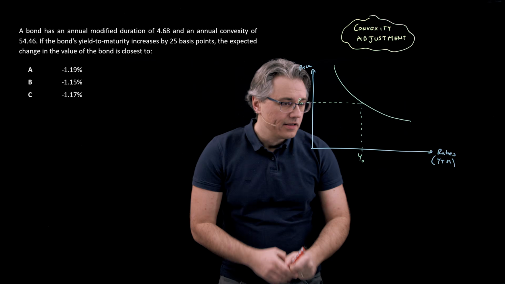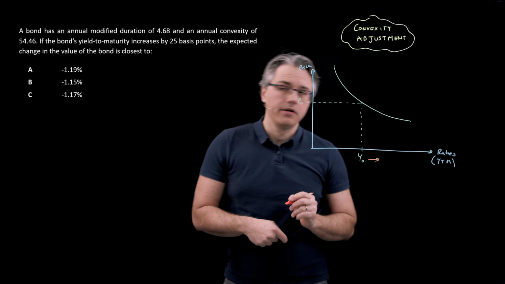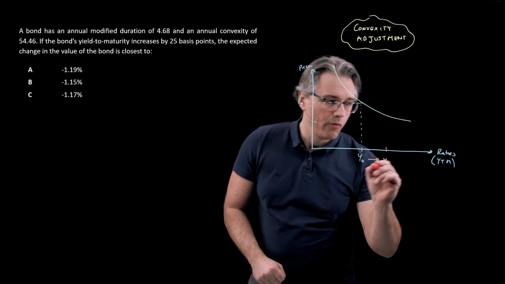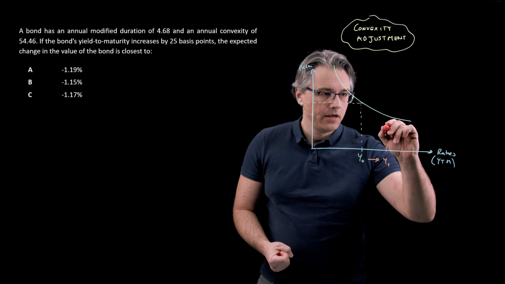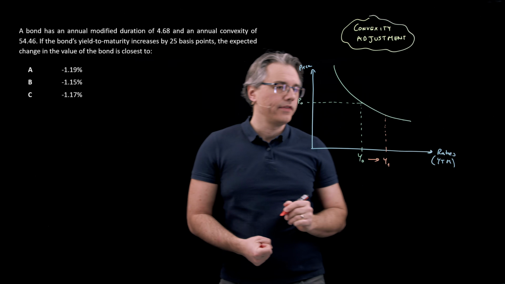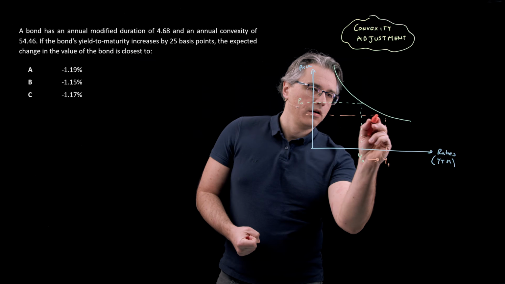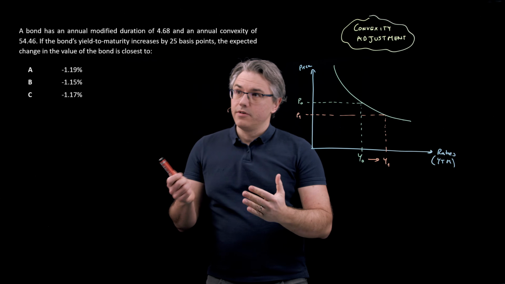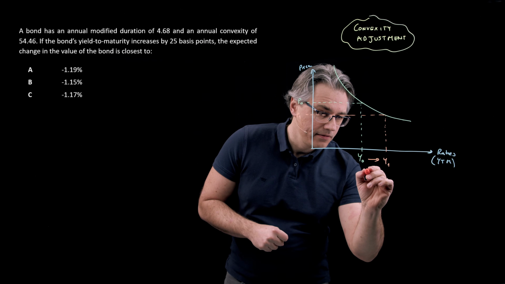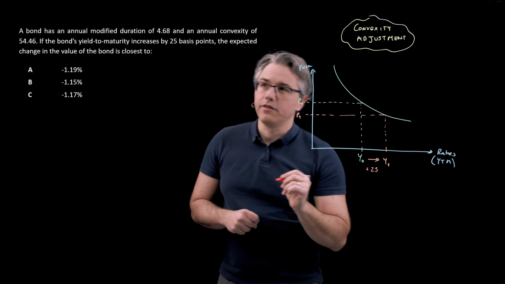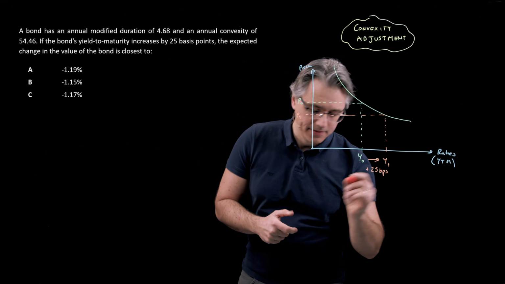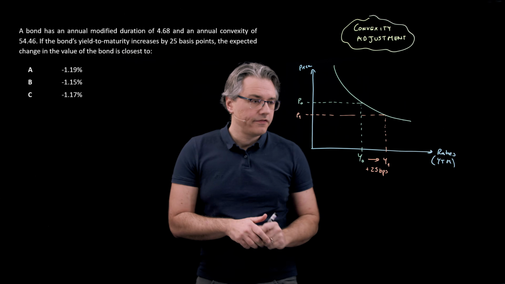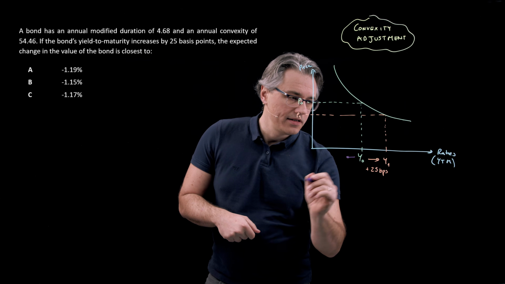Then obviously, if yields go up to a new level, let's call this Y1, the bond will drop in value to some new level P1. And in this question, we're told that yields are going up by 25 basis points, BPS. So that's 0.25%. Now, obviously, the opposite thing happens when yields go this way.